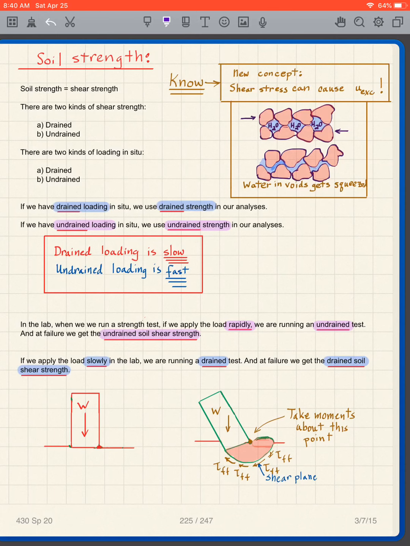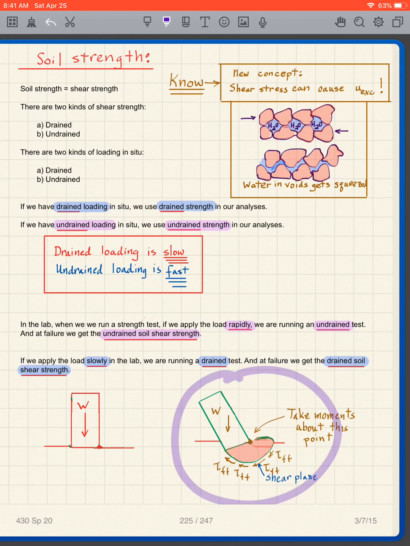The concept is this: suppose I have this soil here and I am going to create, for instance, a shear plane in here. How do I create that shear plane? Well, one way to look at it is that I'm getting pushed one way at the top, a different way at the bottom, and in between I get a shear failure plane.